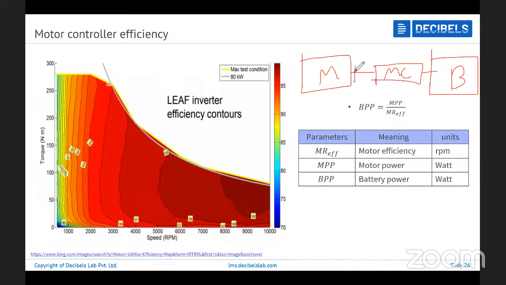The power comes from the battery. If the battery supplies 100 watt, the output of your motor controller might be 90 watt, so there will be some losses in the motor controller, as it is a power electronic component. If you consider the motor controller efficiency, then we'll get the battery supply power.